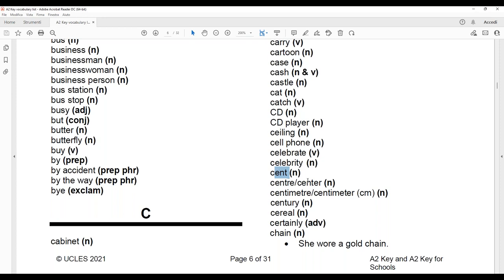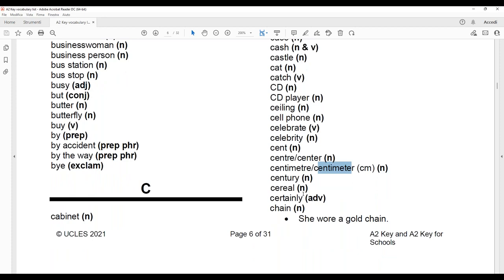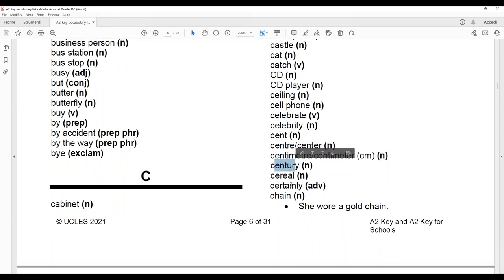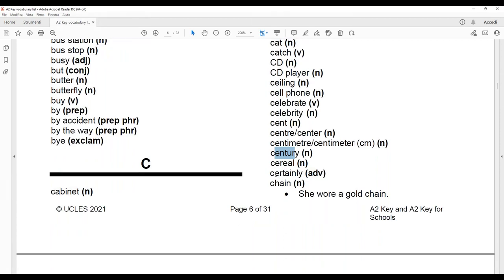Center, center. You see, American English, center. British English, centre. Centimeter, American English, a centimeter, centimetre in British English. Century, yes, century is un secolo. Certainly, certainly, sicuramente. Chain, catena.